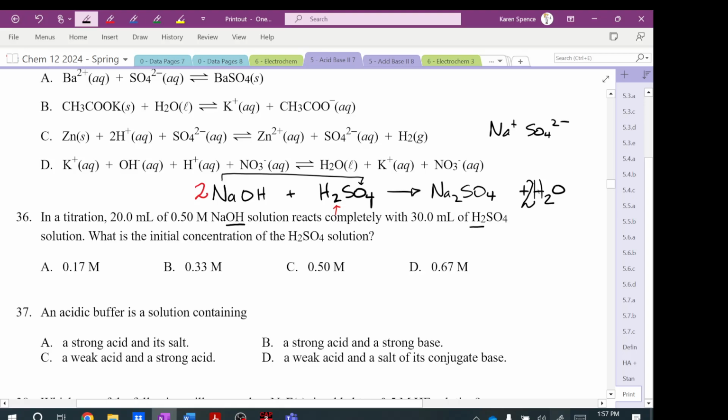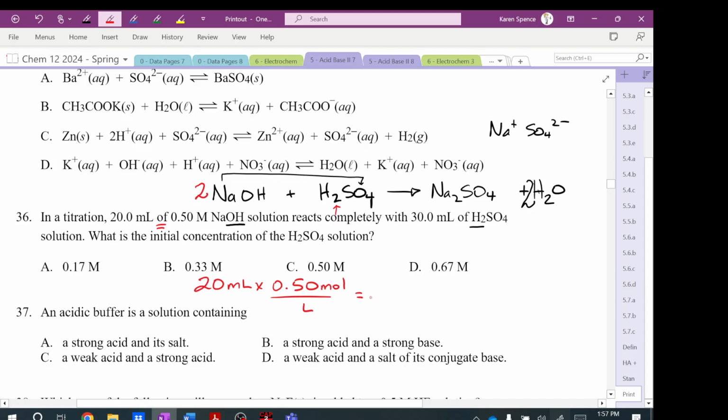And so you can say we have 20 milliliters of, what does of mean? Times 0.50 moles per liter. Now I'm going to work in millimoles here.